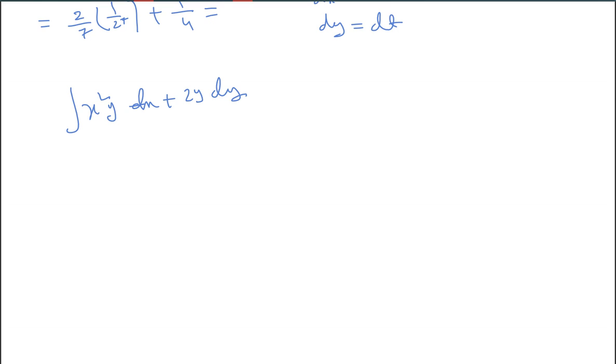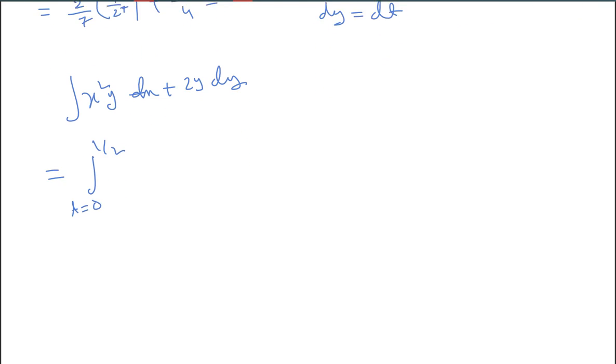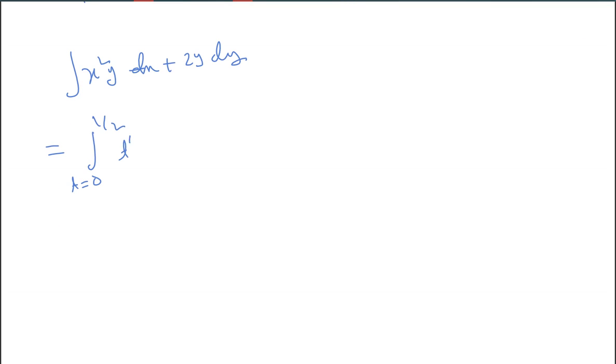Here you put t from 0 to 1 by 2. x is equal to t square, so x square y will be t to the power 4 into t, dx is equal to 2t dt, plus 2t dt. Here it is the same thing, so you can integrate like this. Okay, fine.